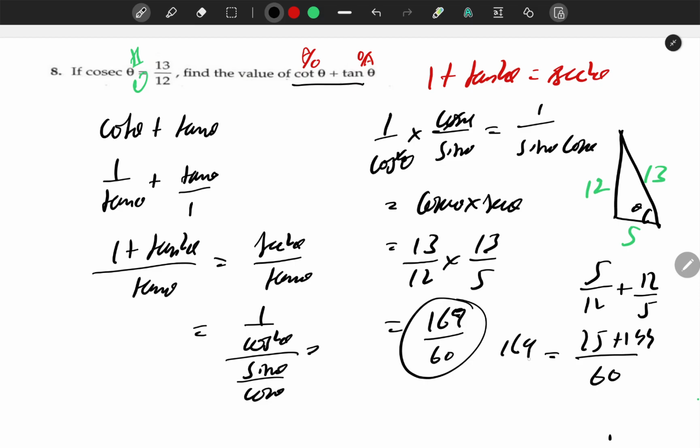So the sum is 169 by 60. We can go for it like this also.